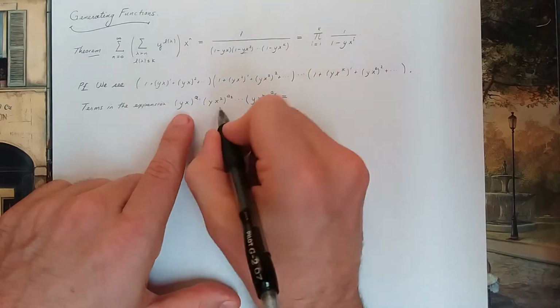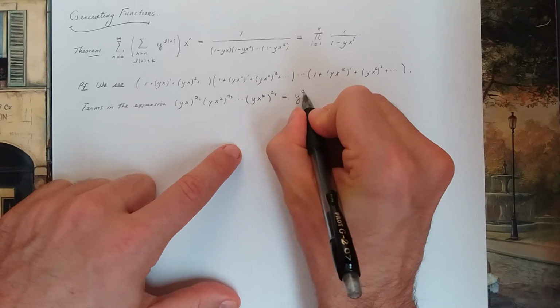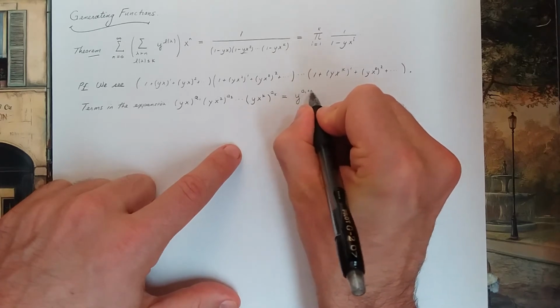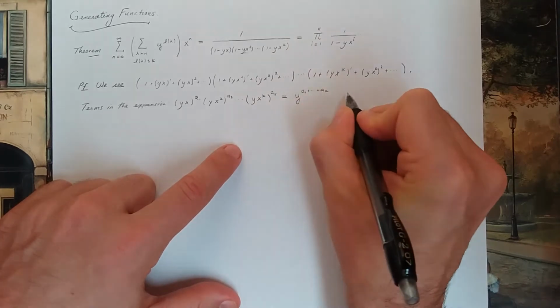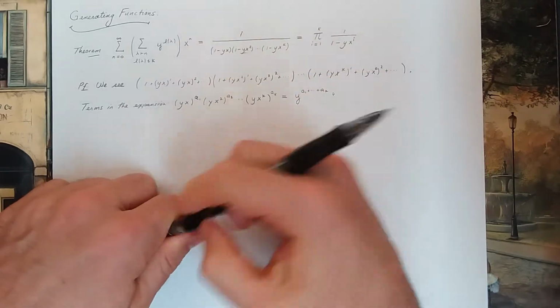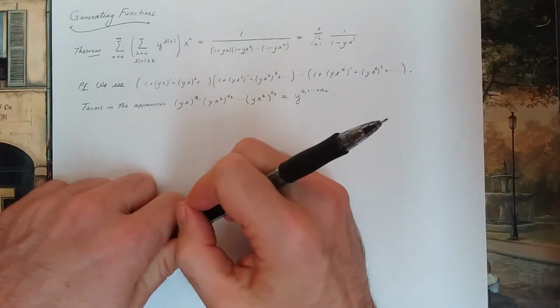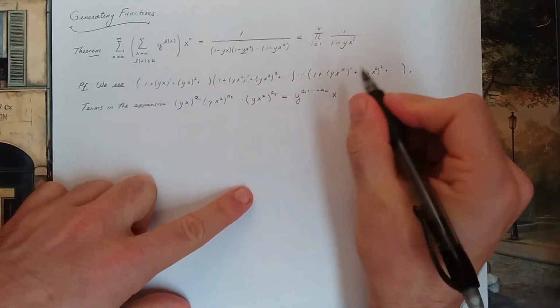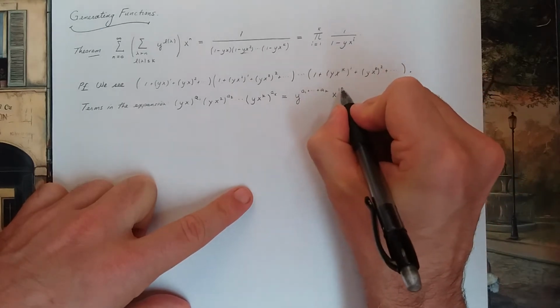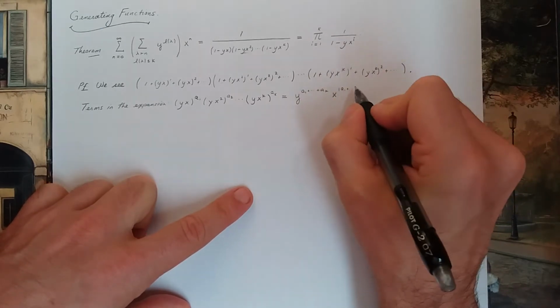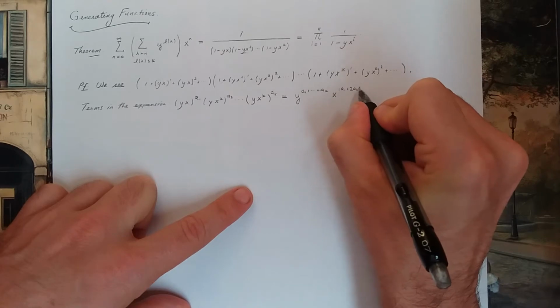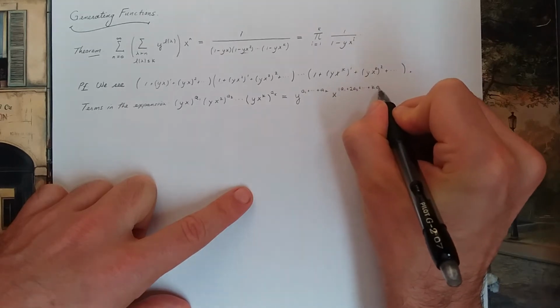If I simplify this a little bit, I get y to the a1 plus a2 plus a3 up to ak exponent. And the exponent on x is 1a1 plus 2a2 all the way up until I get to kak.